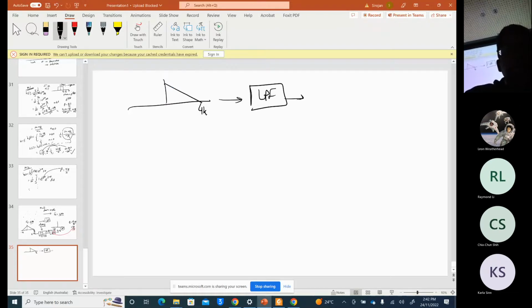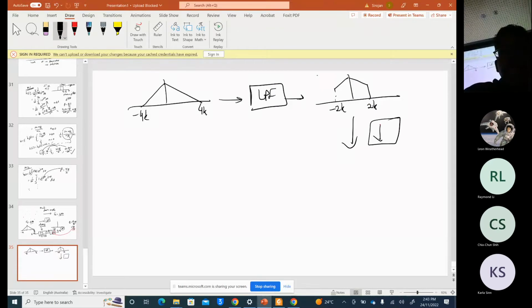After the low pass filter, what you have is only up to 2K, and minus 2K. Then after downsampling by 2, you get this one at 2, then the mirror image up to 4.